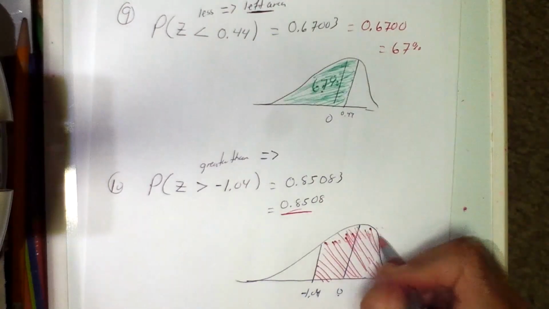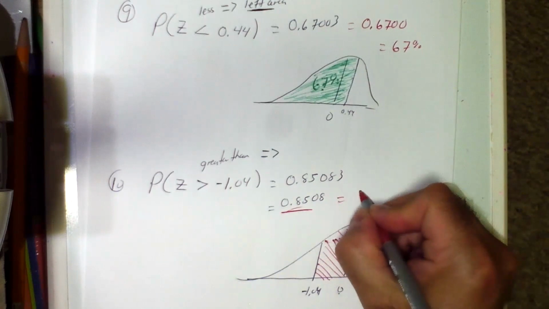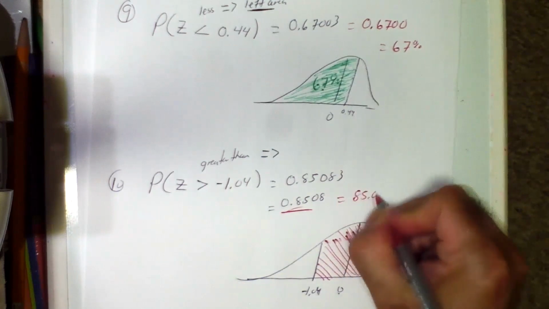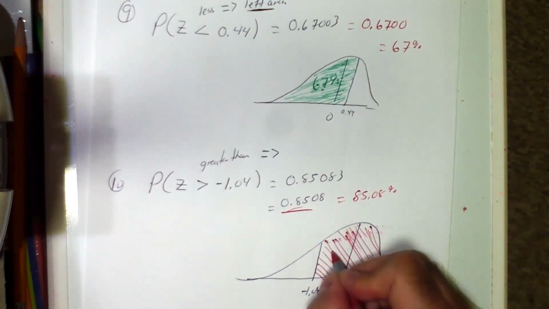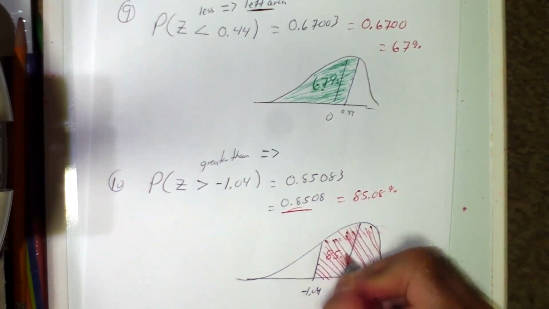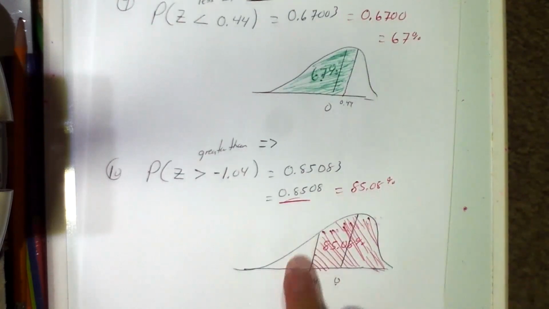I can fully graph it. And if you want to write it as a percentage, 85.08%. So this is the shading. I didn't draw it accurately. It doesn't look like 85.08% of the graph has been shaded in, but I should have made it a little bit more that way. But that's all right.